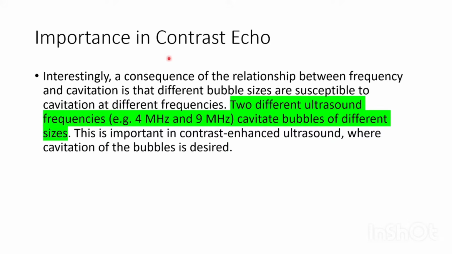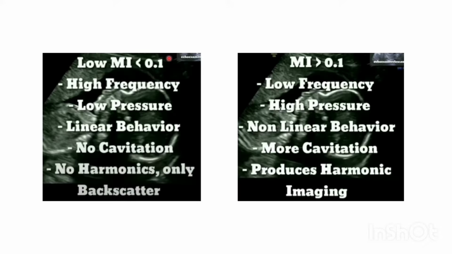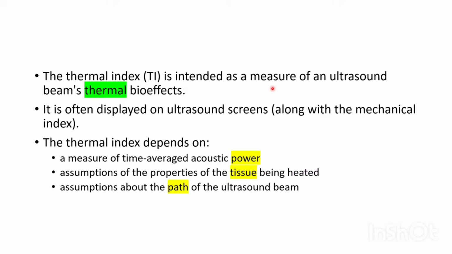So we have to reduce the mechanical index when doing contrast echo. So low mechanical index, high frequency, low pressure, linear behavior, no cavitation, no harmonics. When we are doing harmonic imaging, which will come in detail later, we have to keep a high mechanical index.